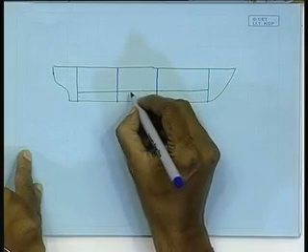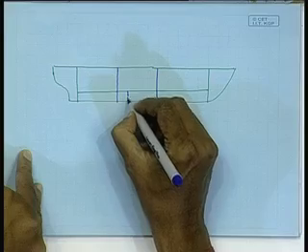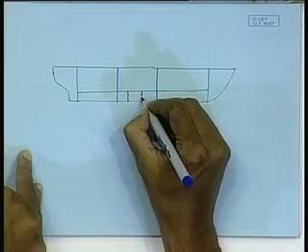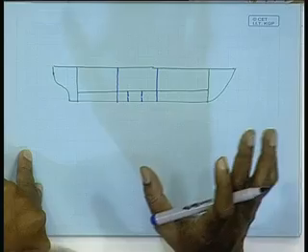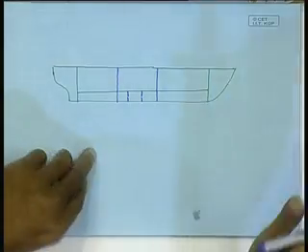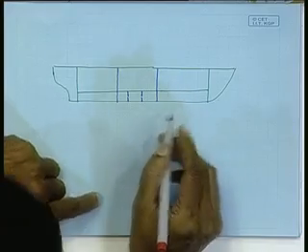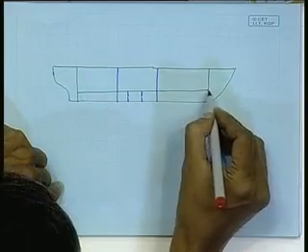And let us assume these are my plate floors. Let us assume 2 plate floors in this hold, which is never so, because there will be several of them. Now, the center girder will be one continuous plate.